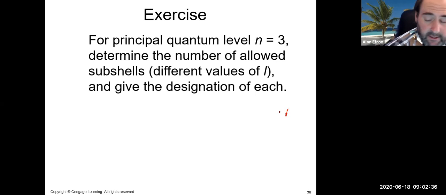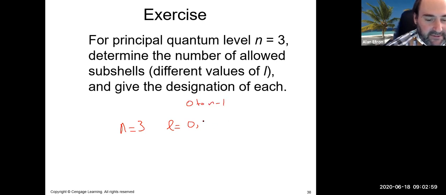Okay, so as we saw earlier, again, n equals 3, which means, again, L could go from 0 to n minus 1.